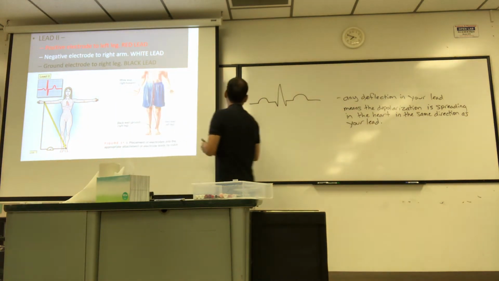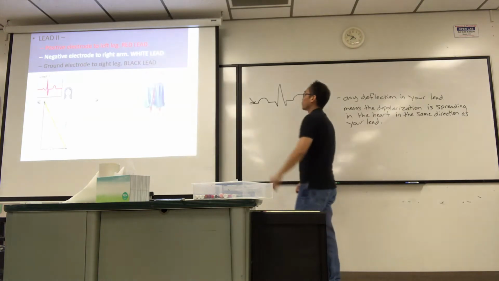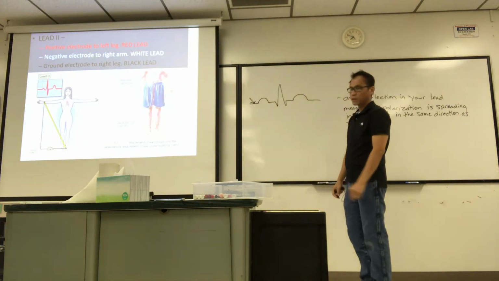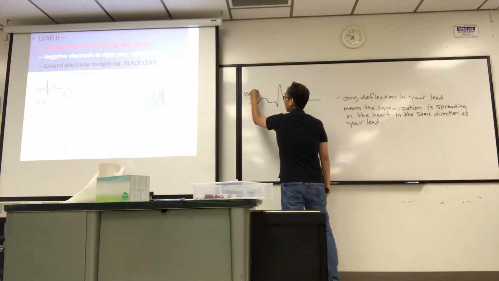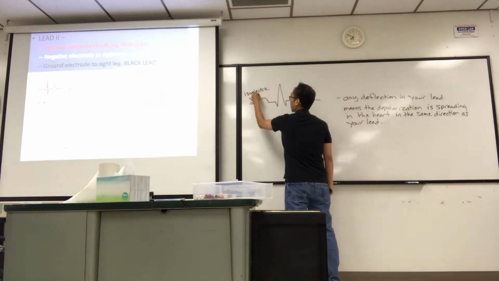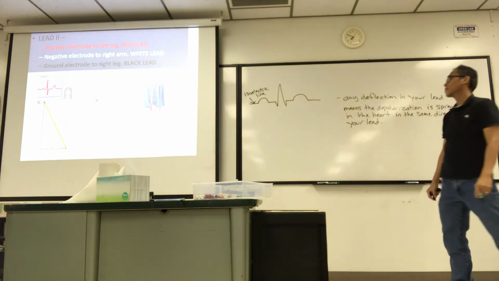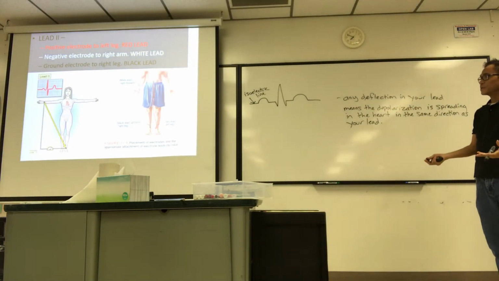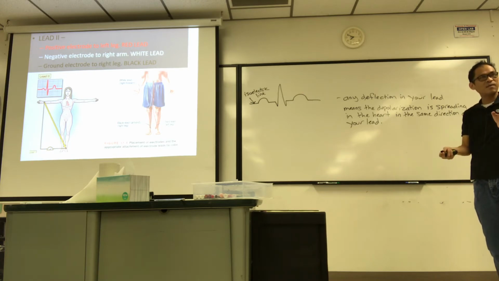Now, this flat line, they call that the isoelectric line, or baseline. That simply means, if it's a flat line, all it means is the depolarization is spreading perpendicular to your lead, so you're just not going to see anything.